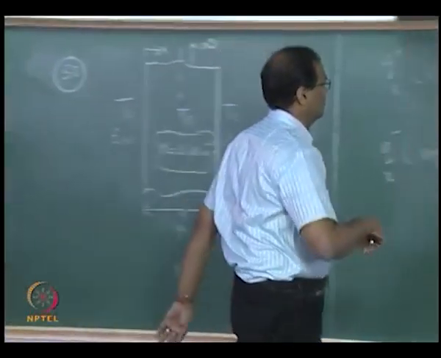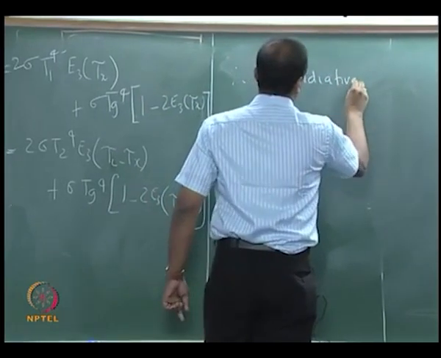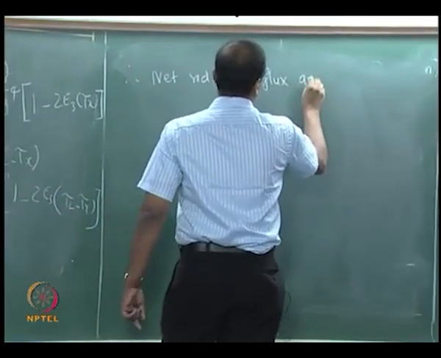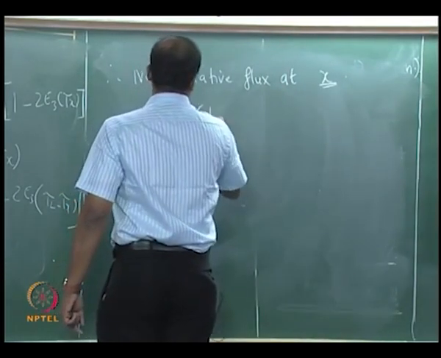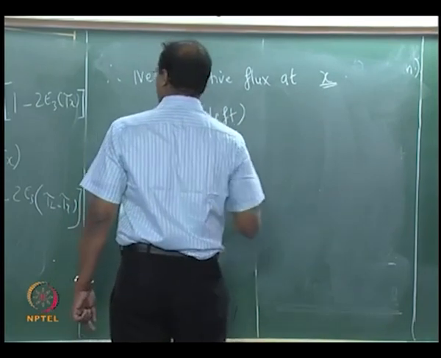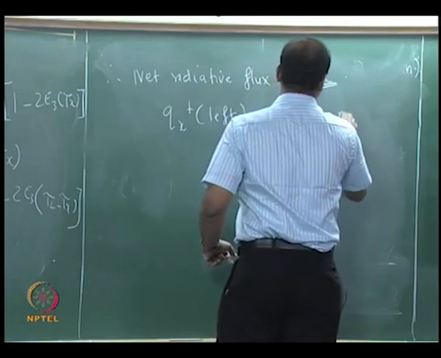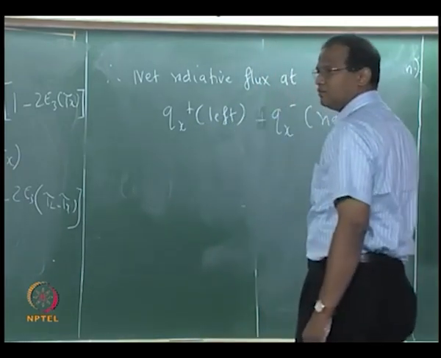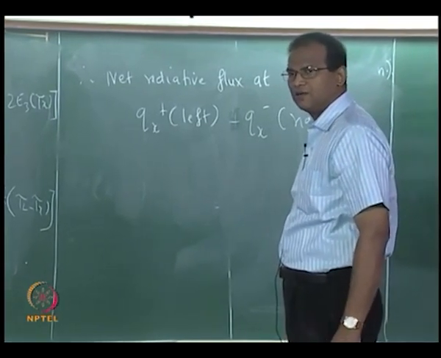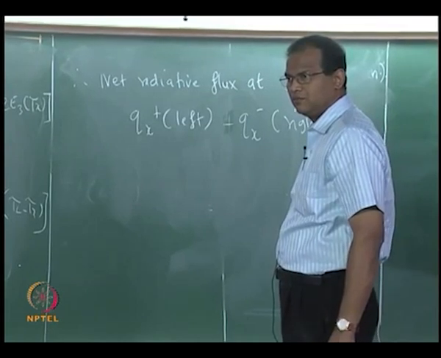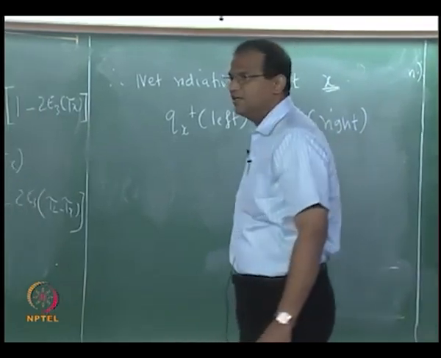So net flux at x. Now shall we use a small tau approximation? You want to see chart? Okay, yeah, then proceed.